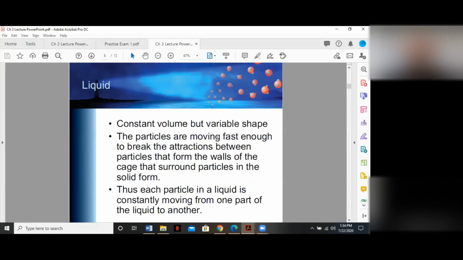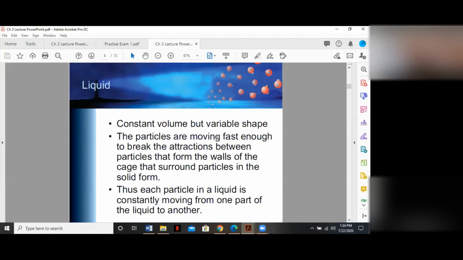While in liquids, there is some space between the particles that will allow the motion to be a little more compared to the solid phase, and that gives it a fixed volume but variable shape. What is that supposed to mean? Variable shape, fixed volume.